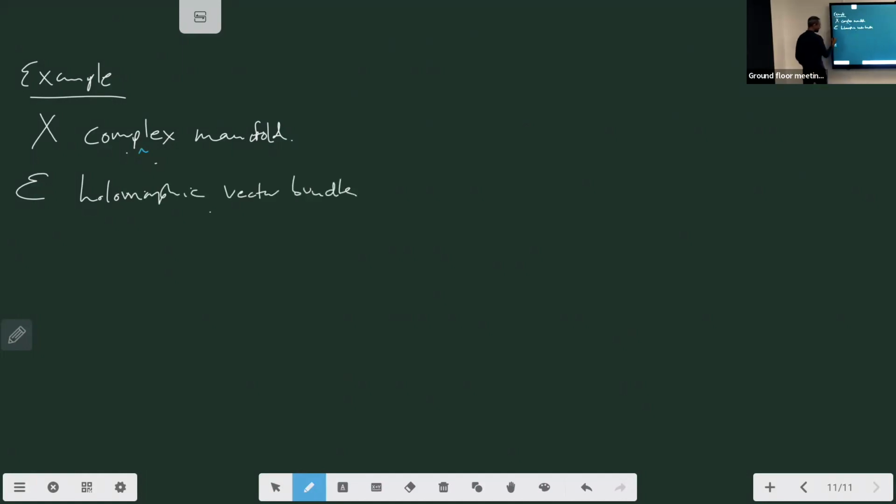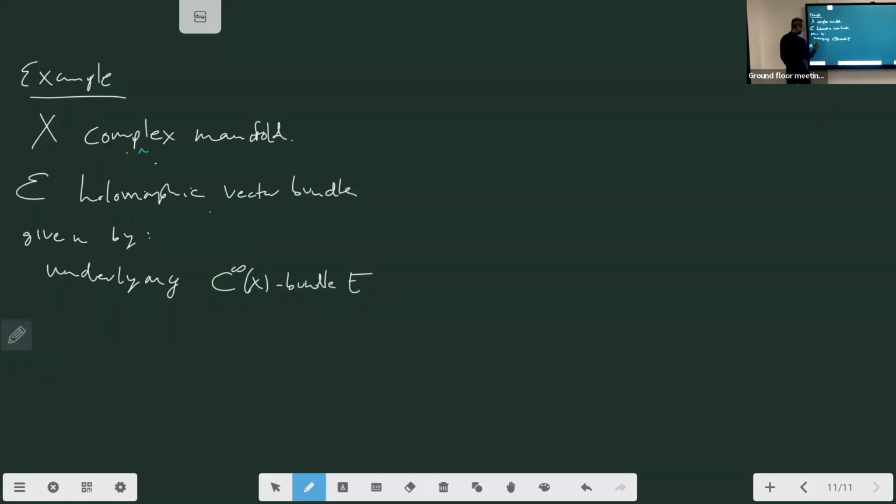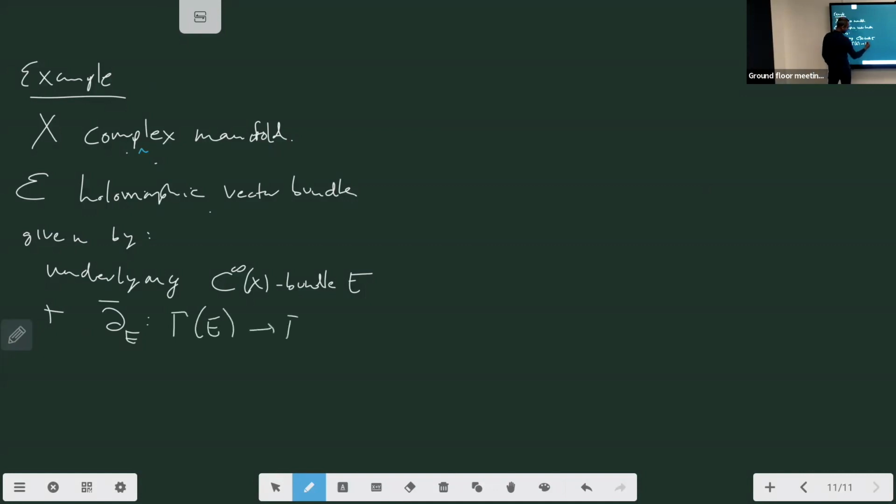So what is this? This is given by some underlying C infinity bundle plus a del bar E operator going from sections of E to sections of E tensor omega 1, satisfying the Leibniz rule.